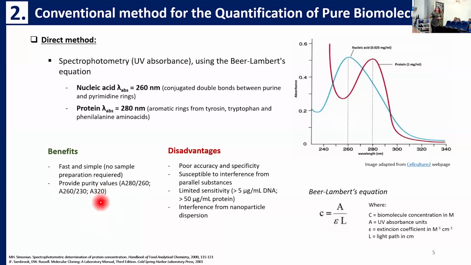Also, it's interesting to know that with this methodology, we can analyze our protein samples, for example, at an absorbance of 320, because at this wavelength, if we have values lower than 0.02, we will know that there is no dispersion in the sample, and that will mean that our protein has no aggregates.